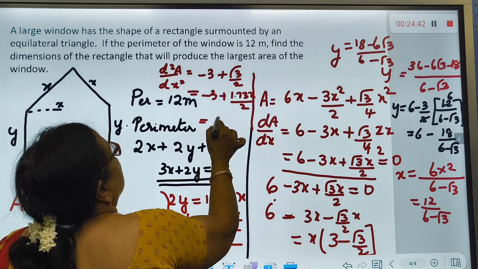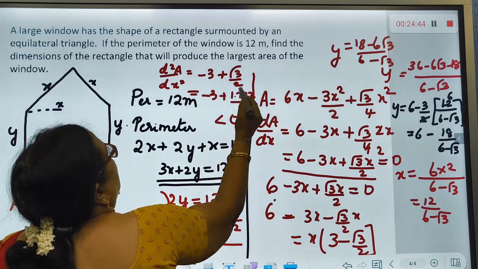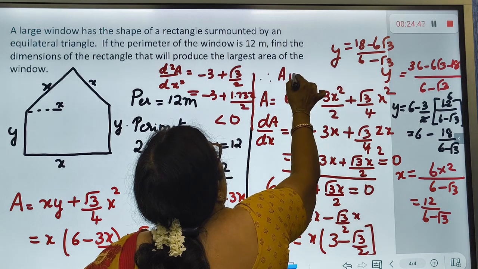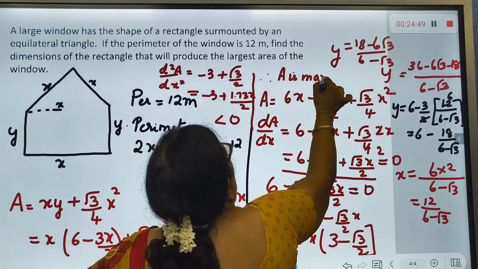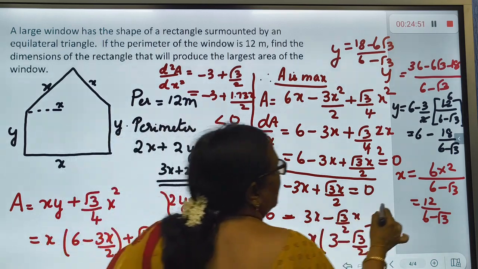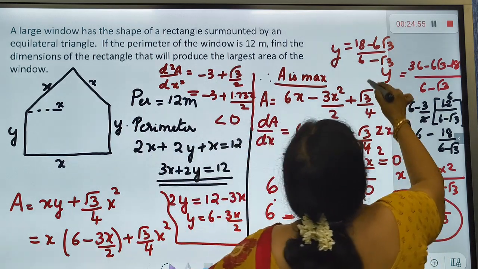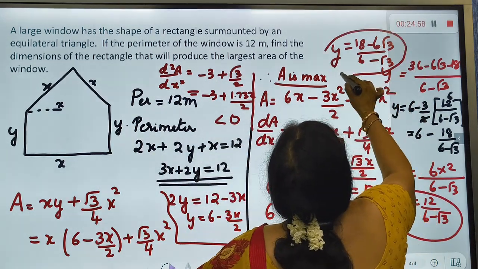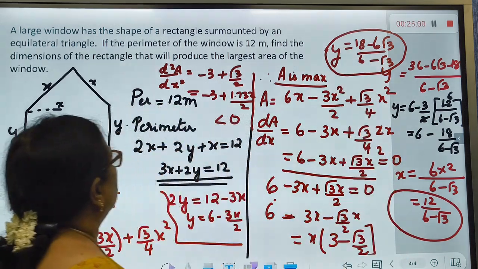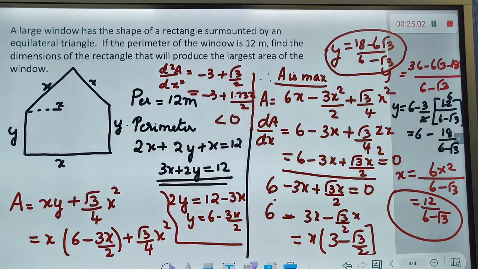So definitely it is less than 0. Therefore, A is maximum. When is A maximum? When x is 12 by 6 minus root 3 and y is 18 minus 6 root 3 by 6 minus root 3. So it is mainly just calculations.